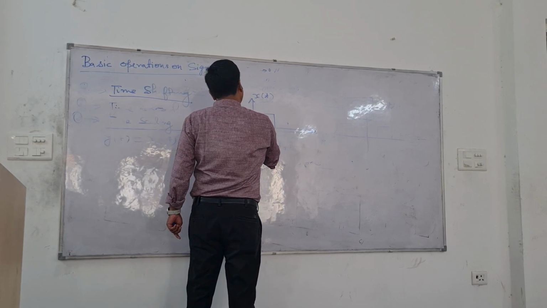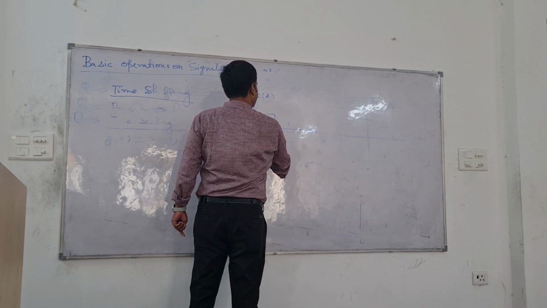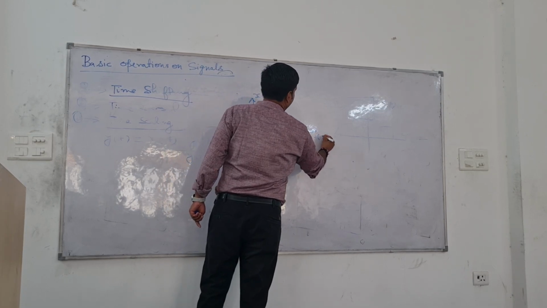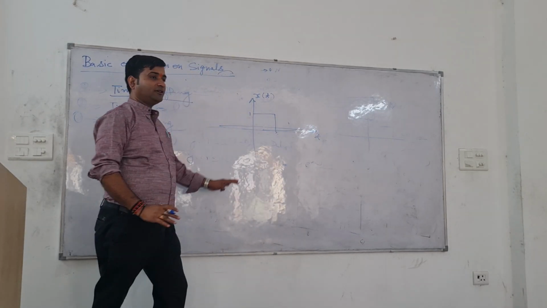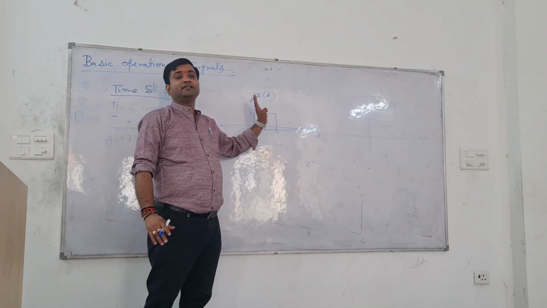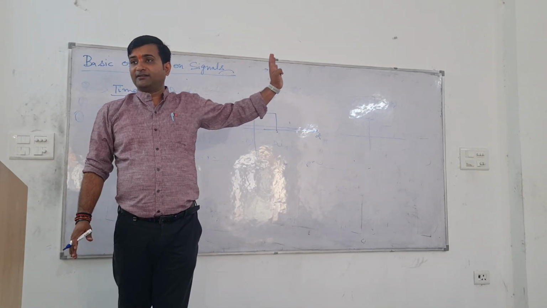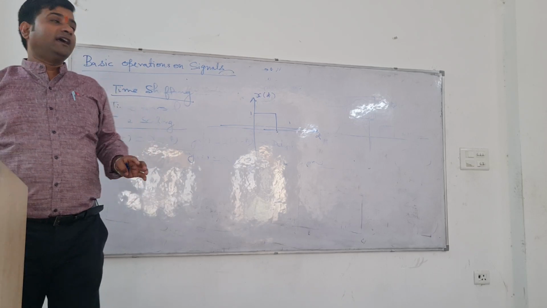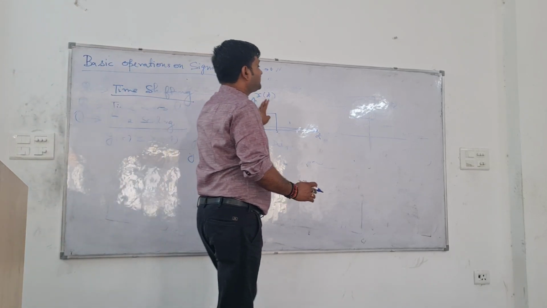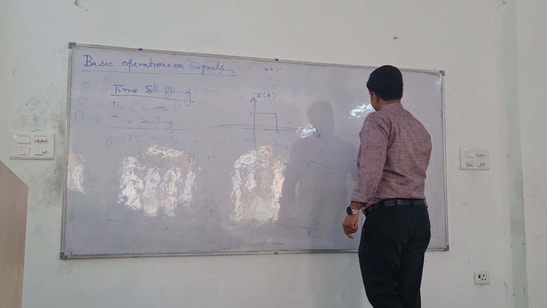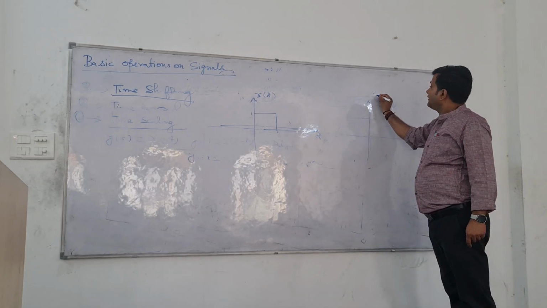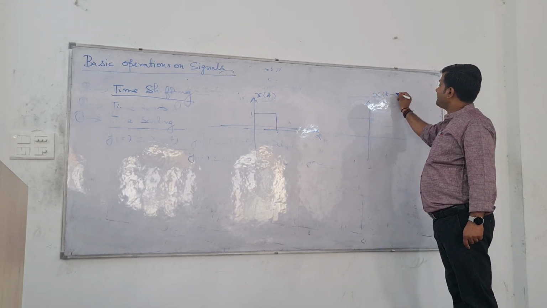Simple. This amplitude is 1, this is the time axis, and this is the amplitude axis, the y-axis. Here you have shifted the input signal by 1 unit, t minus 1.